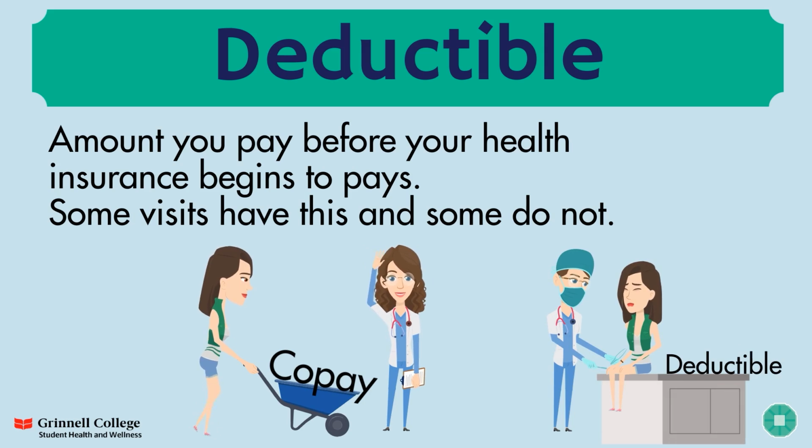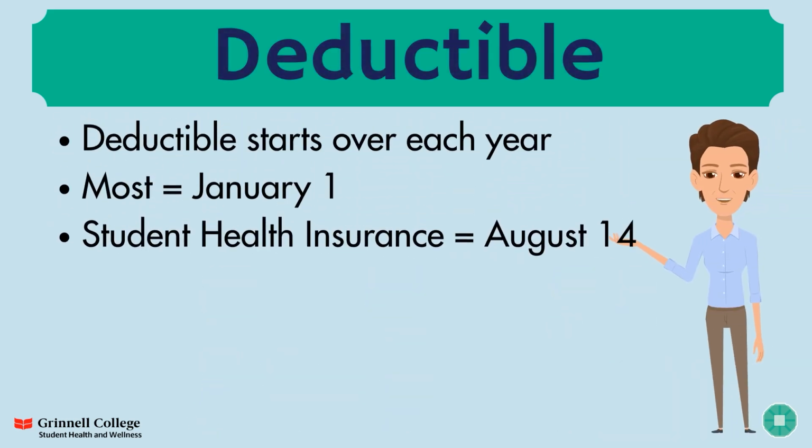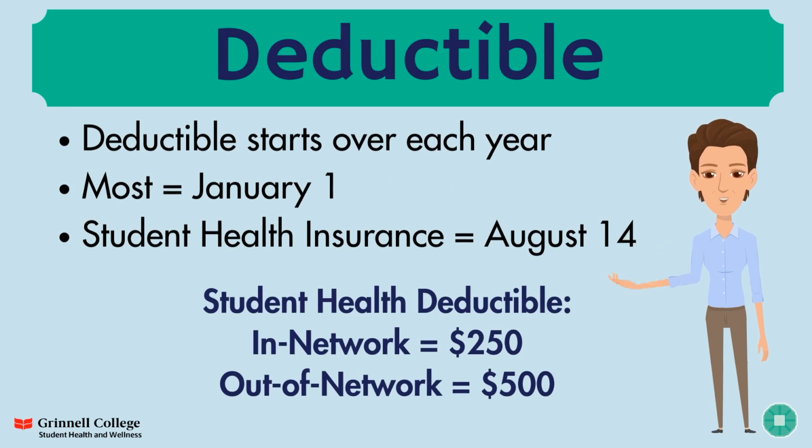Now, this deductible amount starts over each plan year. This means you must pay the deductible each year before insurance will begin paying. For the student health insurance, this is August 14th, but most other plans are calendar year, which means they start over on January 1st. The student health insurance deductible for in-network providers is $250.